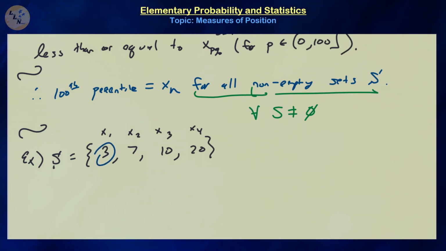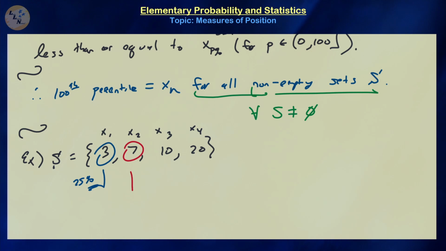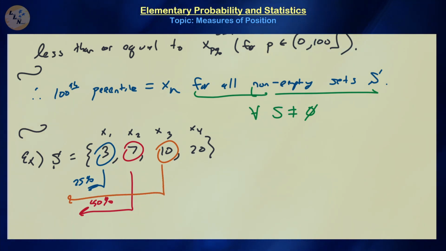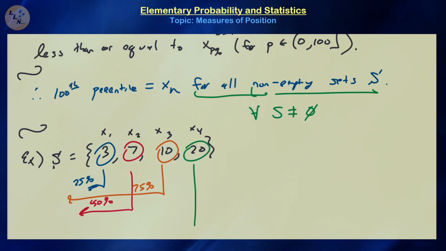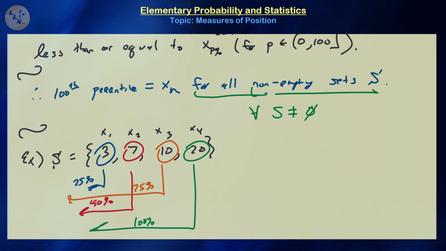As we can see, 25% of the data is less than or equal to 3. We see 50% of the data is less than or equal to 7. We see that 75% of the data is less than or equal to 10. And finally, we see 100% of the data is less than or equal to 20.